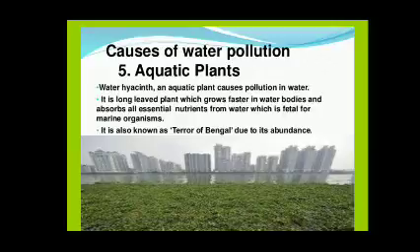It is a long-lived plant which grows faster in water bodies and absorbs all essential nutrients from water, which is vital for marine organisms. It is also known as the Terror of Bengal due to its abundance. The water body is also affected by water plants.